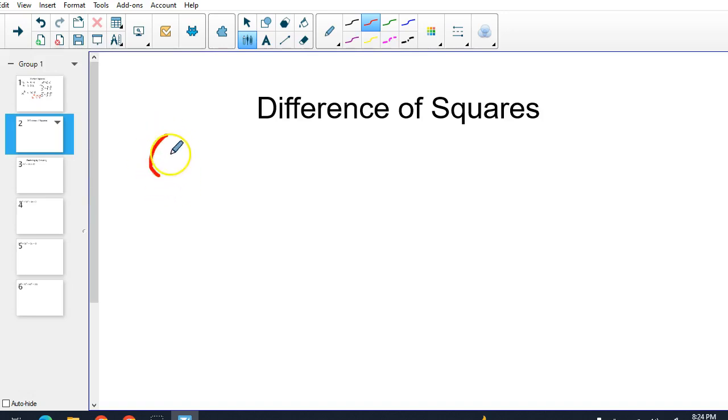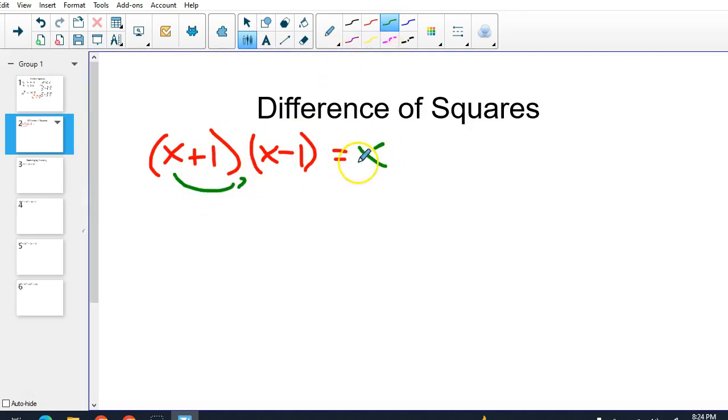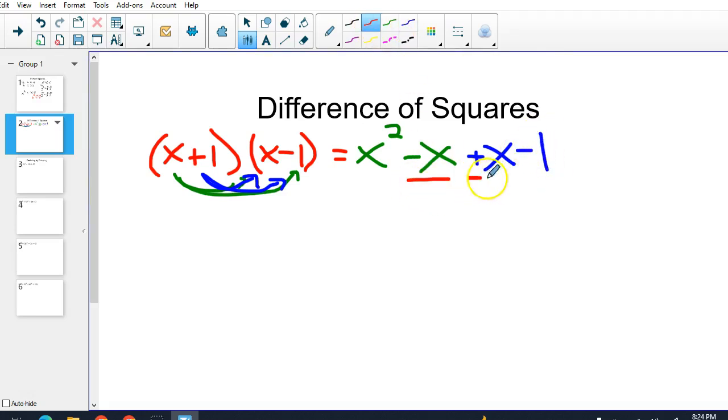Anytime we have, say, x plus 1 times x minus 1, if I were to multiply these together, we'd have x times x gives us x squared, x times negative 1 will be minus x, and then 1 times x will give us x, and then 1 times negative 1 will give us minus 1. See how in the middle here, negative x and positive x, those are going to cancel out. This is where our difference method comes from, is this piece canceling.